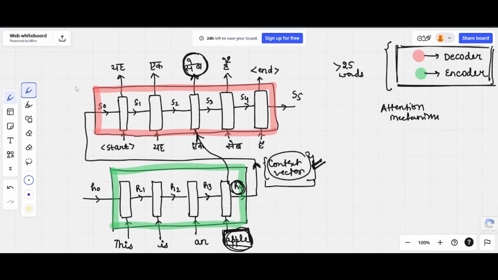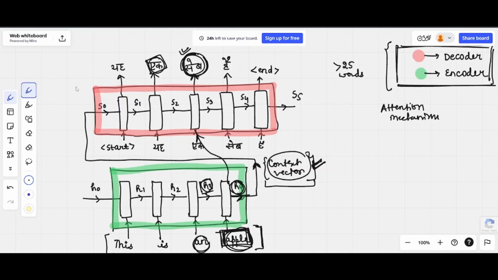Same here, this entire sentence is not important to get saib as output, right? To get saib as output, the most important input is apple and the hidden state that we are getting from here. Same way, in order to get ek as output, the hidden state of 'an' is the most important input in order to get this output, right?